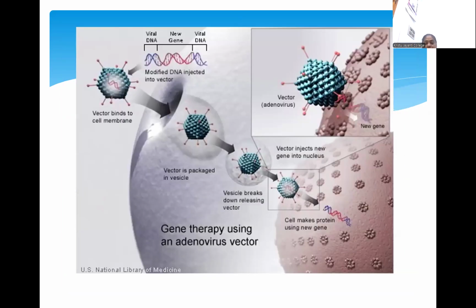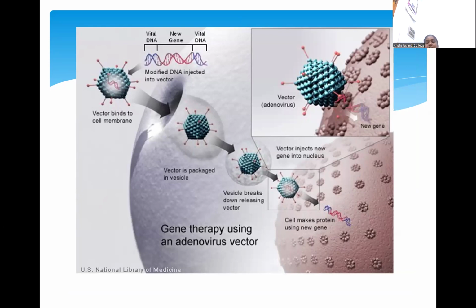This is how it happens: a procedure wherein we use a vector, a carrier, which carries the modified gene, which means the faulty gene is removed and the correct gene is put in. Later, this vector is usually given in the form of IV or IM injection into an individual. As the vectors enter the cells, they get packaged in the form of vesicles.